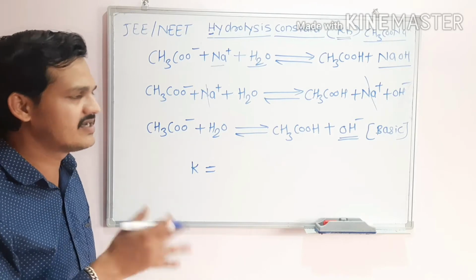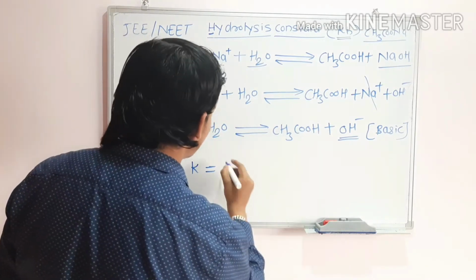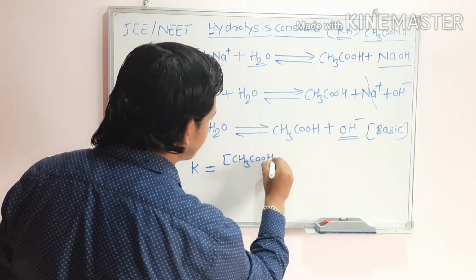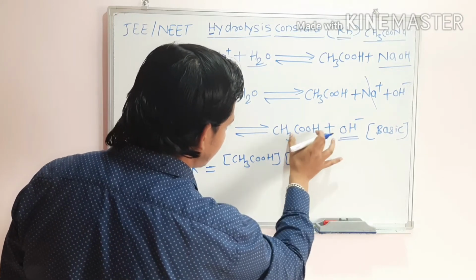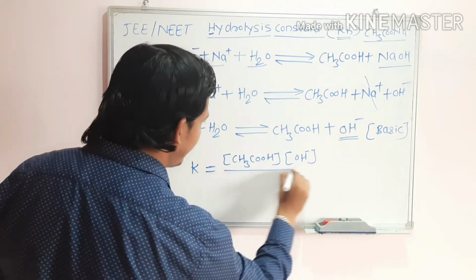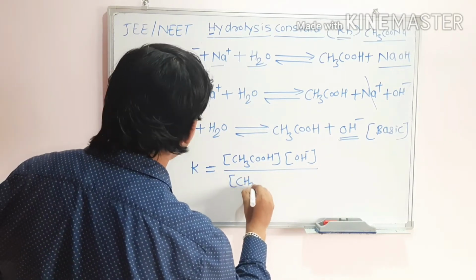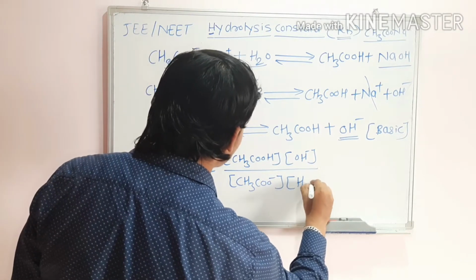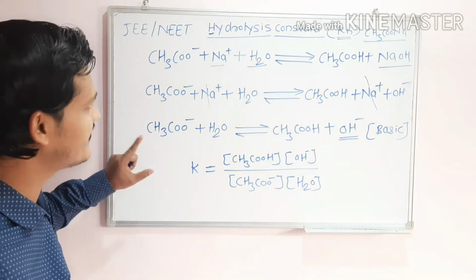We know it is the products with their coefficients divided by the reactants with their coefficients. Who are the products? In brackets CH3COOH and OH minus, this is our product, divided by the reactant, CH3COO minus in bracket H2O. This is written.